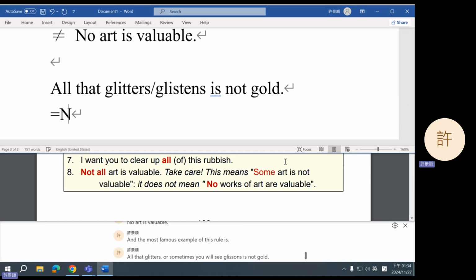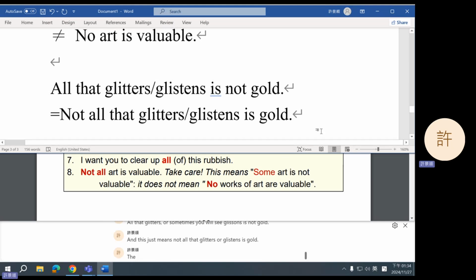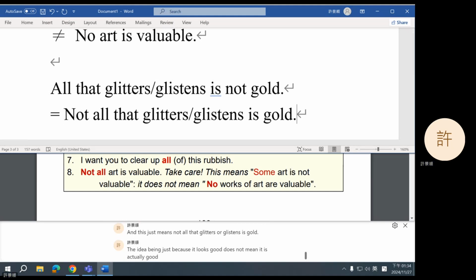And this just means not all that glitters or glistens is gold. The idea being just because it looks good does not mean it is actually good. To glitter means like to shine, to give off light.